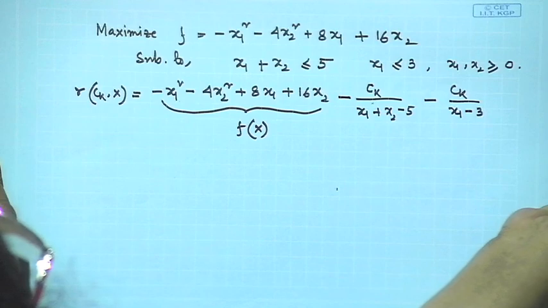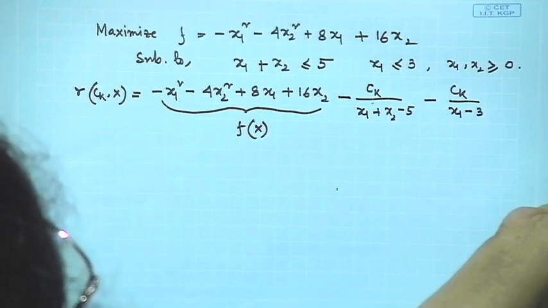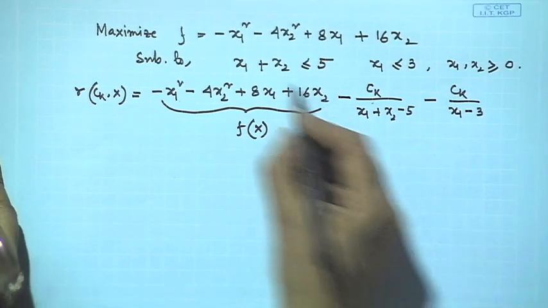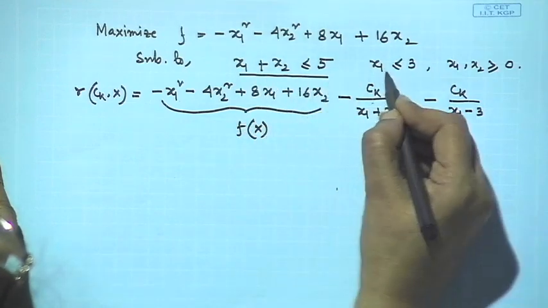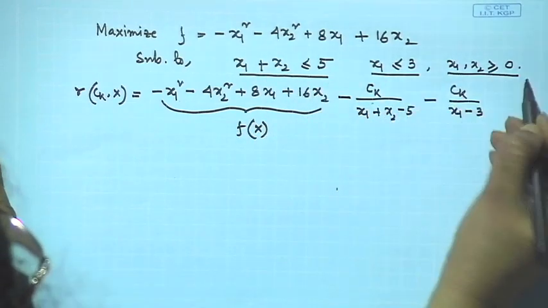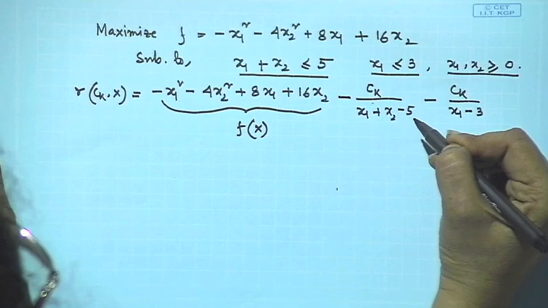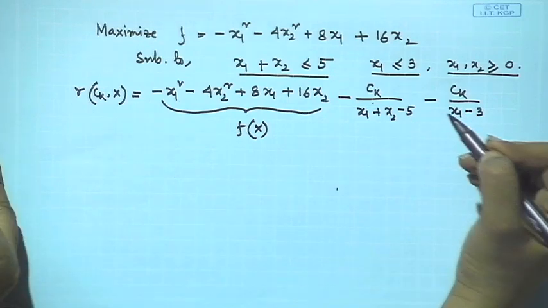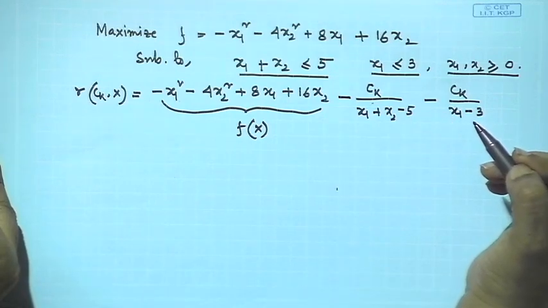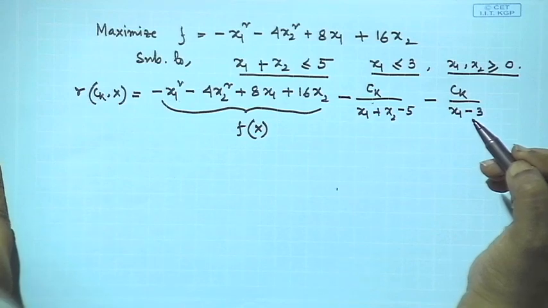One thing I must say: you see here the constraint is of less than or equal to type. We have to make the constraint of greater than or equal to type, because this is a maximization problem, alright.